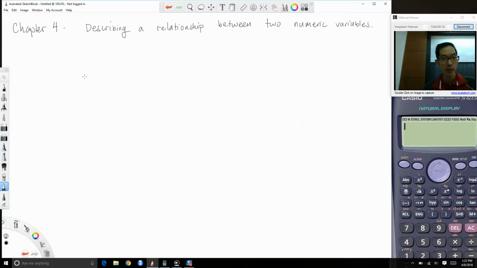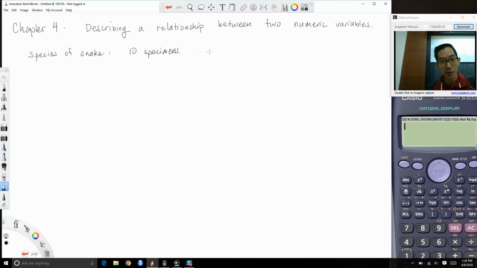So for example, I hope nobody hates snakes too much, but let's say we decided to look at a species of snake, and let's say we have 10 specimens here. We're going to take two numeric measurements.